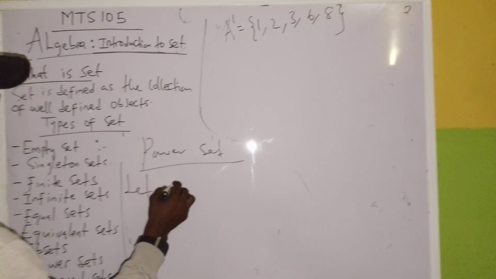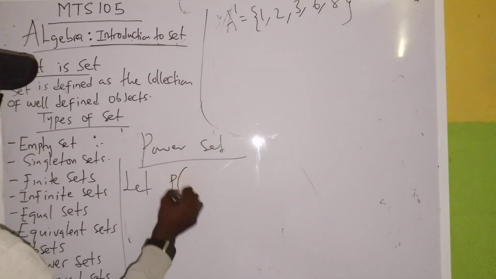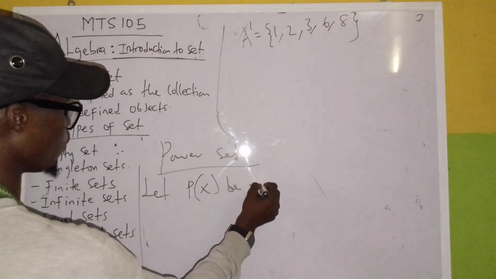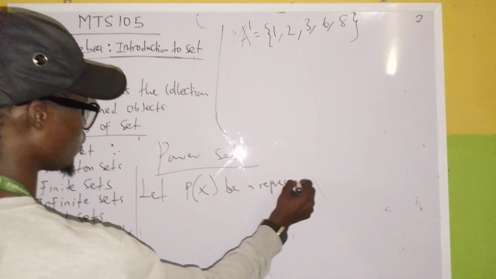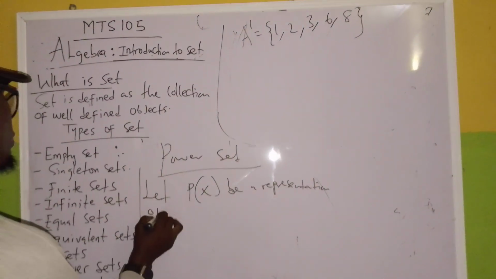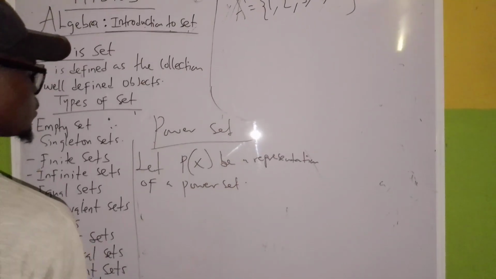Let P of X be a representation of a power set.